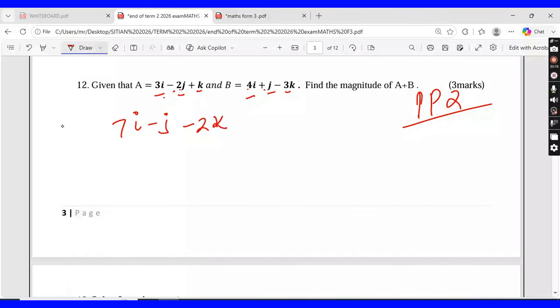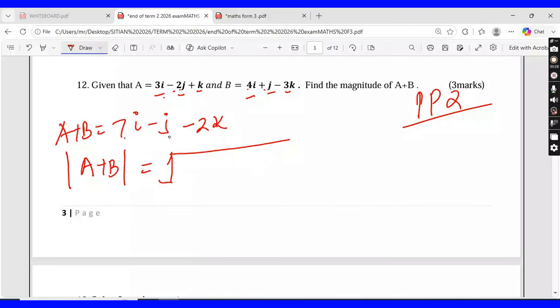Then this one is A plus B. Now the modulus of A plus B. To get the modulus, this stands for x, y, z. So you need to get 7 squared plus negative 1 squared plus negative 2 squared. That will give you the modulus.